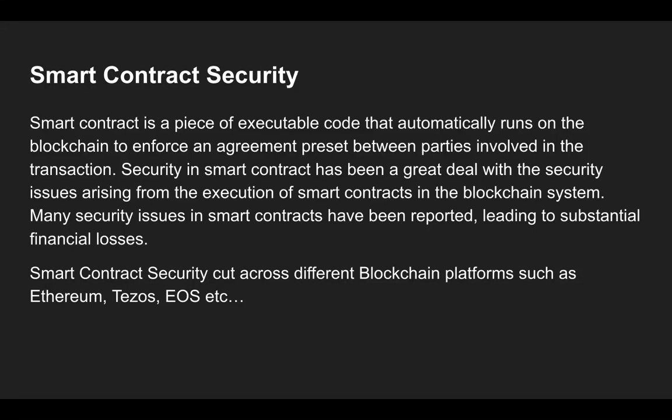Many security issues in smart contracts have been reported, leading to substantial financial losses. And also, we need to know that smart contract security should cut across different blockchain platforms, such as Ethereum, Tezos, and EOS.